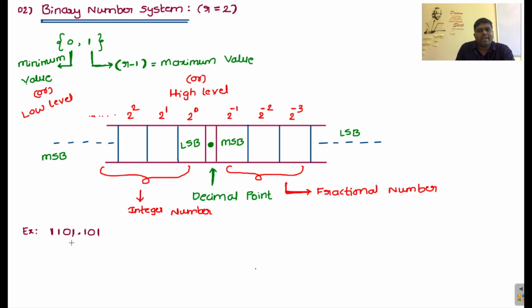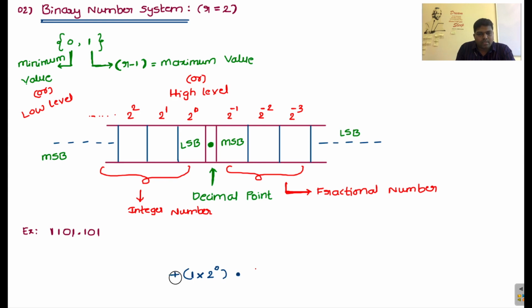So what is the exact decimal equivalent in the decimal number system? That you have to find out here. How do you find it? You can apply the positional value to this particular number, then you will get your decimal equivalent. Now observe: first digit, 1 into 2 power 0. This is your decimal point.